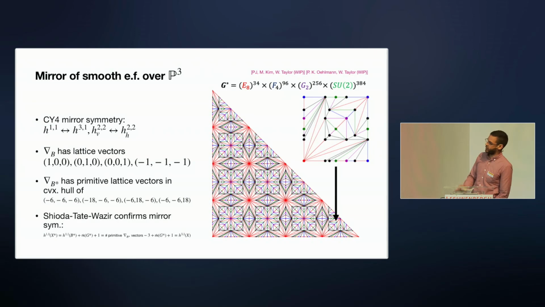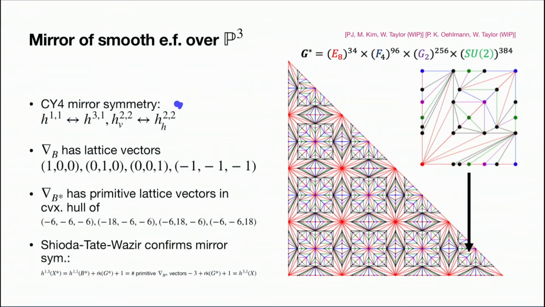Okay, so that's kind of the prototypical example, and now let me talk about the real example, the real work in progress. And that's to think about this, which appears in many ways to be the simplest example one could look at. It's just the mirror of the smooth elliptic fibration over the base P3. Calabi-Yau fourfold mirror symmetry swaps the Hodge numbers as follows.